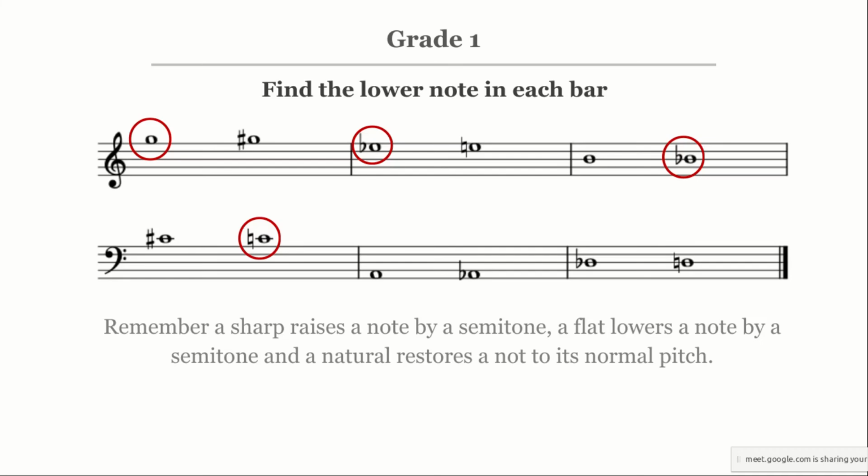And then the next bar, we have A and A flat, the lower. So the A flat. A flat, and then we have the last bar. It's the F.